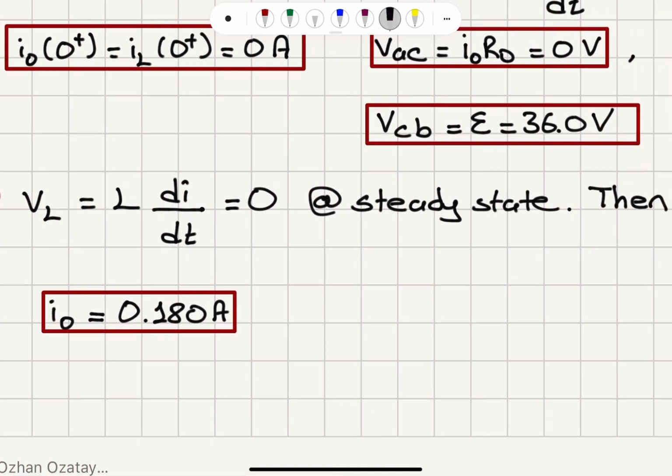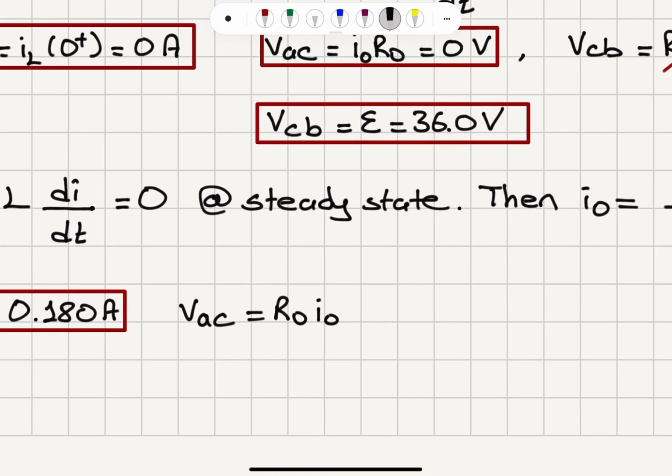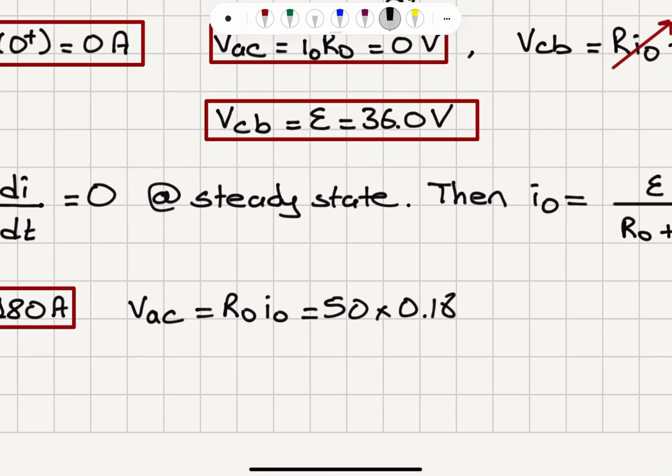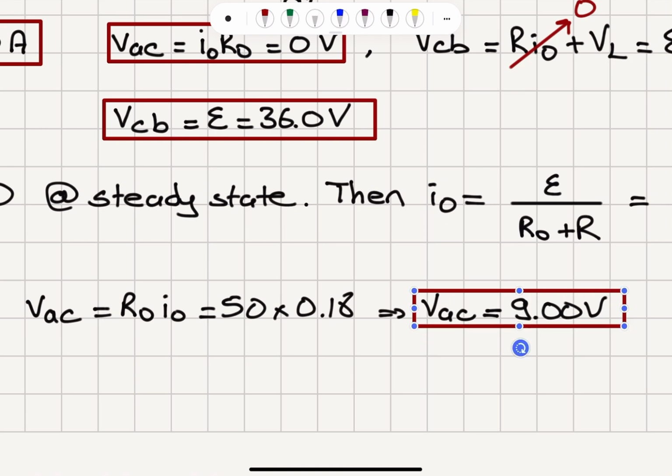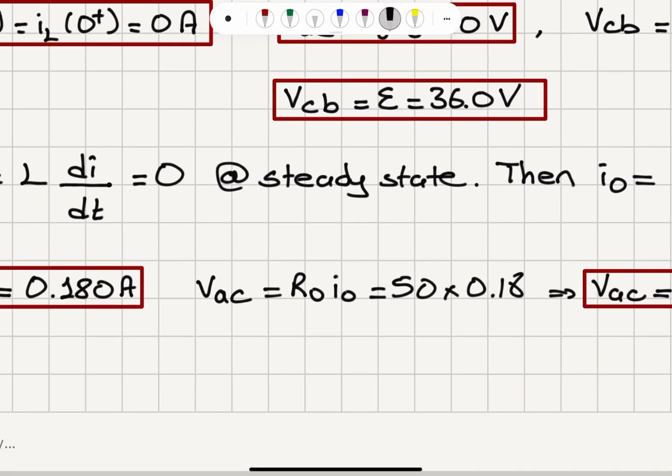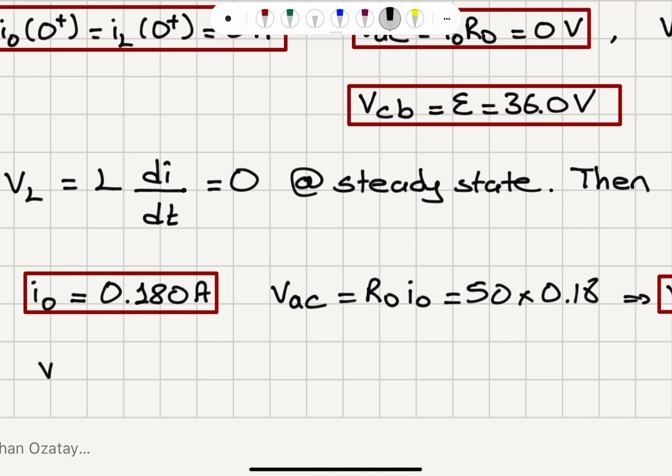And what is the voltage across the resistor R0? It is R0 times I0. So that's going to be 50 times 0.18, so VAC is 9 volts. And what is VCB? VCB is the voltage drop across R plus VL, which is 0.